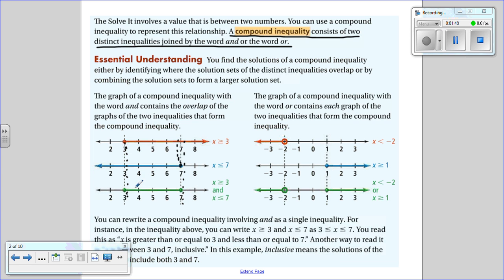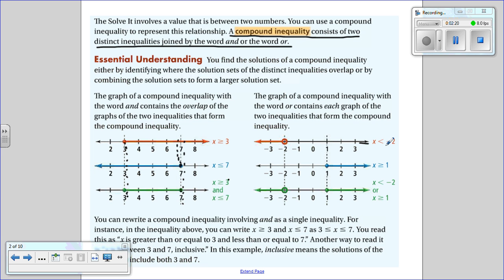And where those two overlap, so it's only this section between here and here, that's what this new one becomes. And notice that this one was a solid dot, so this one also has to be a solid dot. This was a solid dot, so this was a solid dot. If either one of these was open, they would be open down here. And so now this is the inequality of x being greater than or equal to 3 and x being less than or equal to 7.